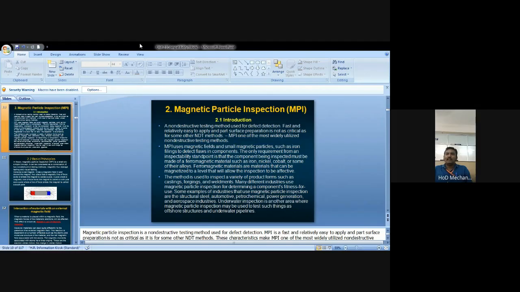Like iron, nickel, cobalt, or some other alloys. Ferromagnetic materials are materials that can be magnetized to a level that will allow the inspection to be effective. So the method is used to inspect a variety of products such as castings, forgings, and weldments.